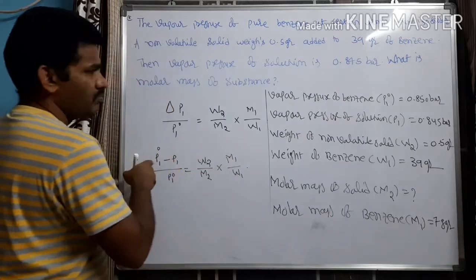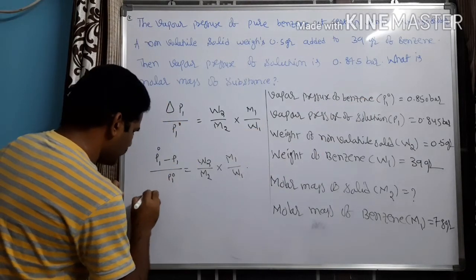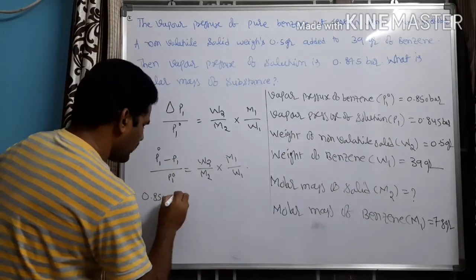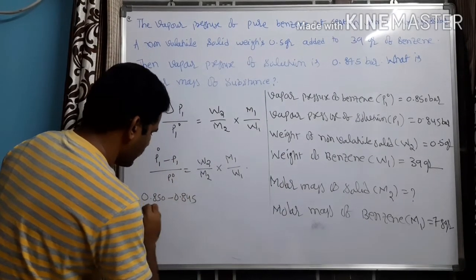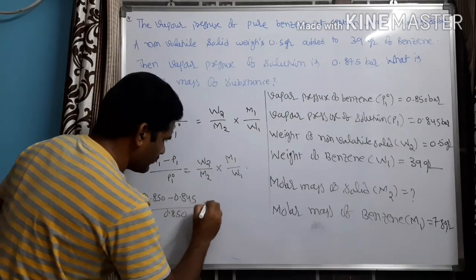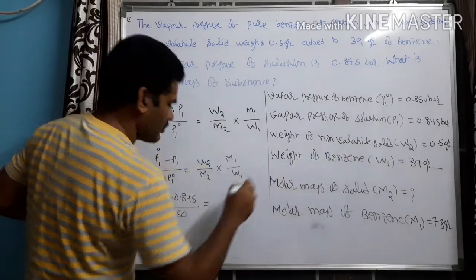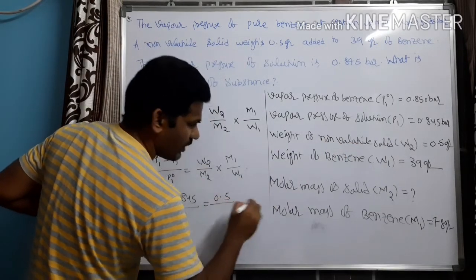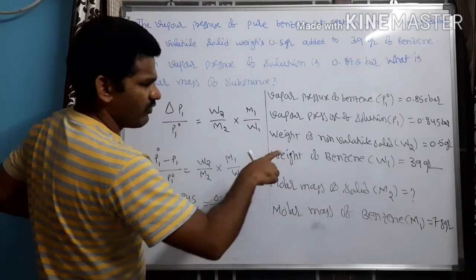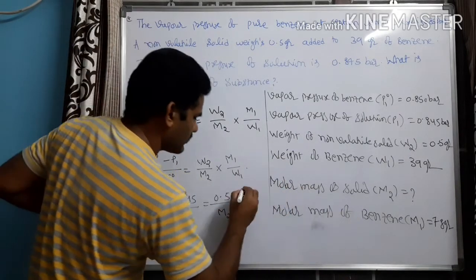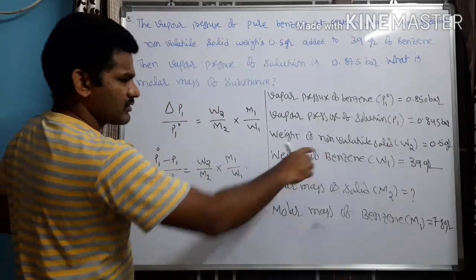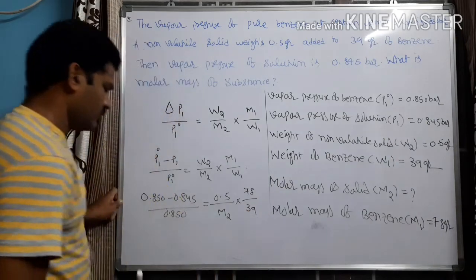Substitute all these. P1 naught is 0.850, minus P1 which is 0.845, by P1 naught, again 0.850, which is equal to W2, that is 0.5, by M2, which you have to calculate, into M1, that is 78, by W1, that is 39.